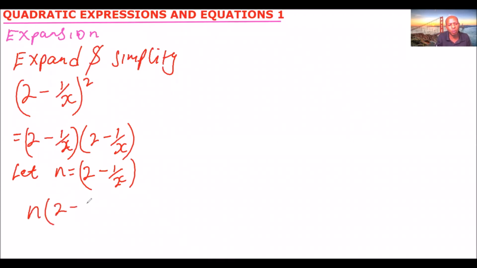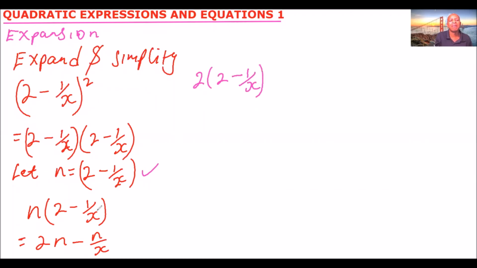When you open the bracket, this should give you 2n minus n divided by x. Now, once you do that, since we had defined our n as this term, we will just substitute that and say this will be 2 times n, and our n was 2 minus 1 over x.